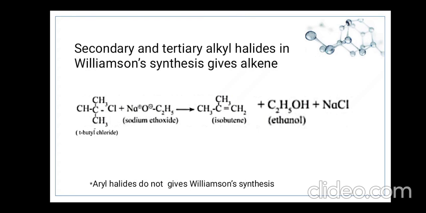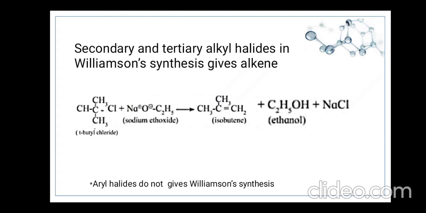Now the next one is secondary and tertiary alkyl halide in Williamson's synthesis. Now students, over here, tertiary butyl chloride, when treated with sodium ethoxide, gives isobutene and ethanol.